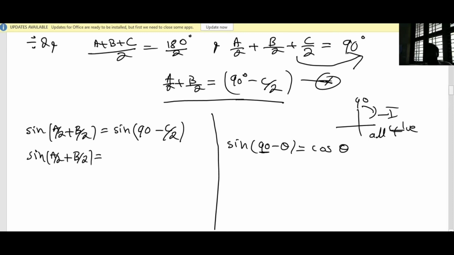Whenever the angle is an odd multiple of pi by 2, the function changes to co-function. So sine theta will convert into cos theta. So sine of A by 2 plus B by 2 equal to cos of C by 2.